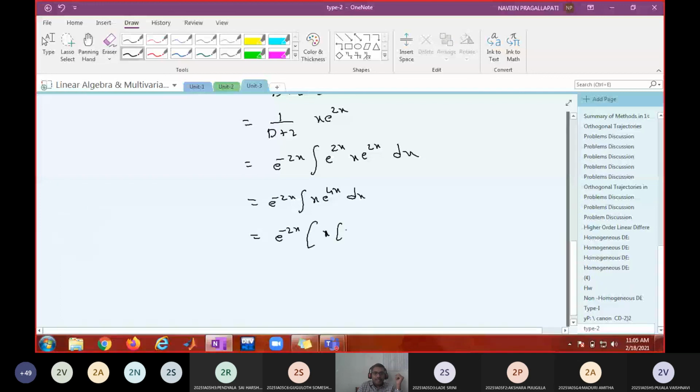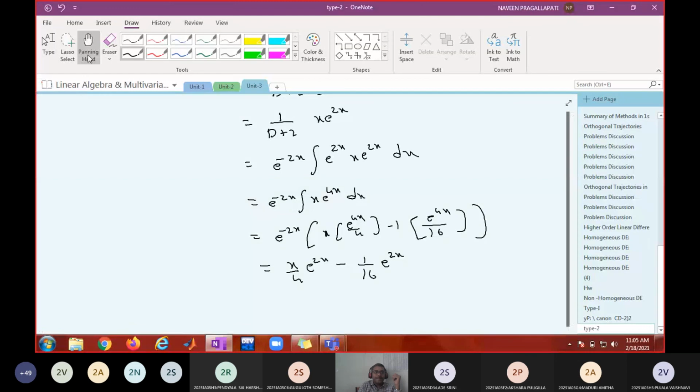So x e^(4x)/4 minus 1 times e^(4x)/(4 × 4), that is 16. So when I multiply with e^(-2x), what do you get? x/4 e^(2x) minus 1/16 e^(2x).